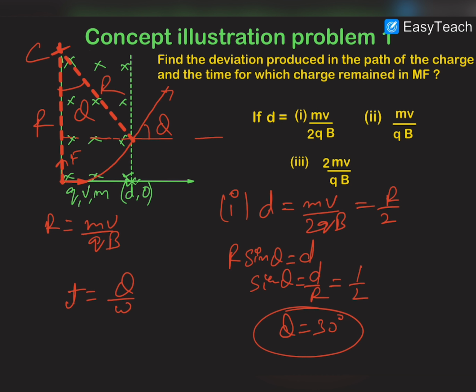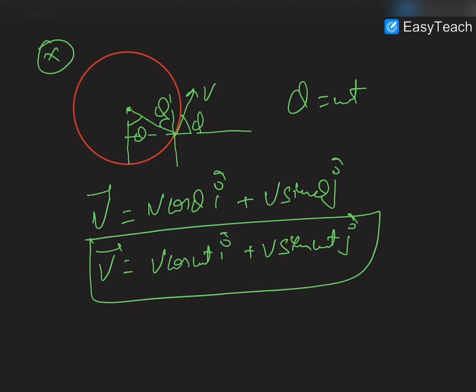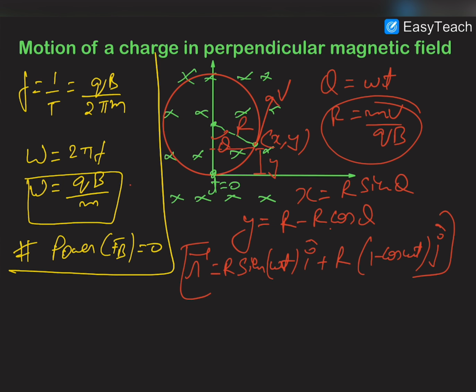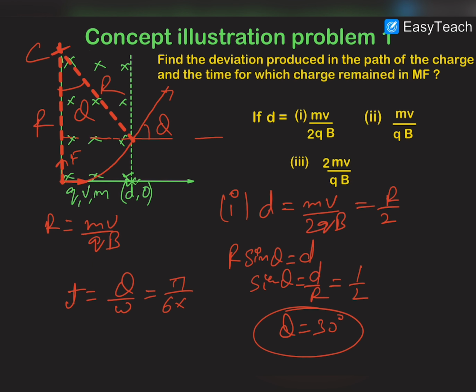So t is equal to theta by omega, and theta is pi by 6, and omega, we have already calculated, omega is qB by m. So time for which it remained in magnetic field is pi m by 6 qB. Okay, now speed would be same.